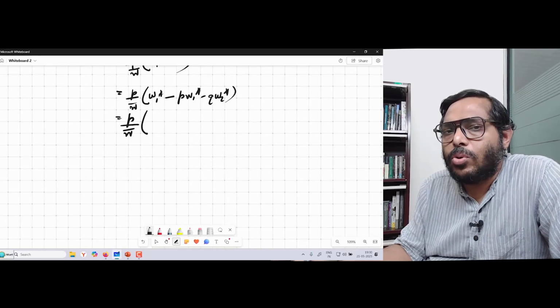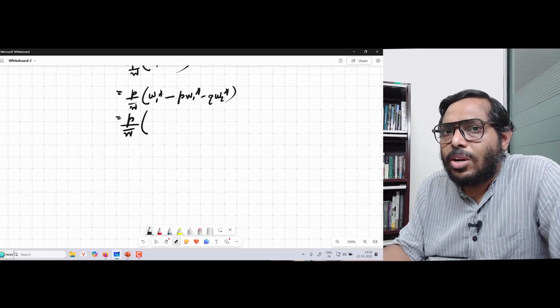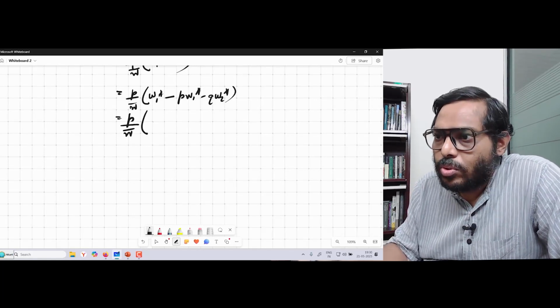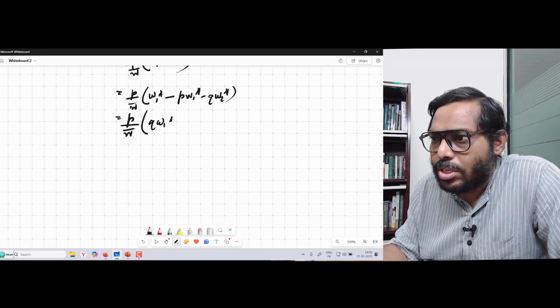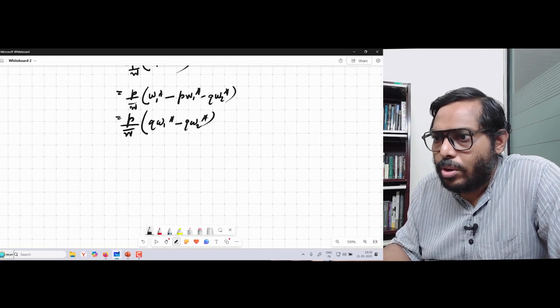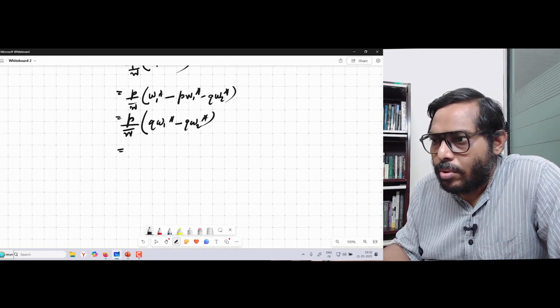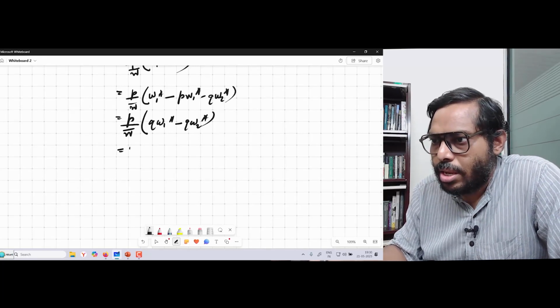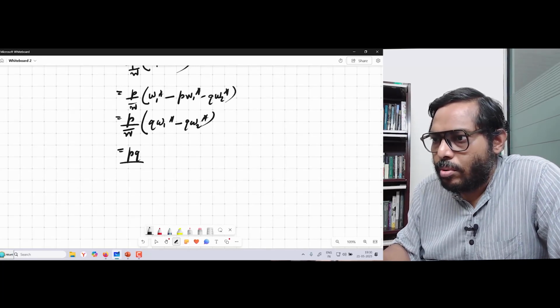I can take the W1 star common. In other words, this one will become W1 star into 1 minus P, which is QW1 star. So, equal to QW1 star minus QW2 star. I can take the Q outside, equal to PQ by W bar into W1 star minus W2 star.